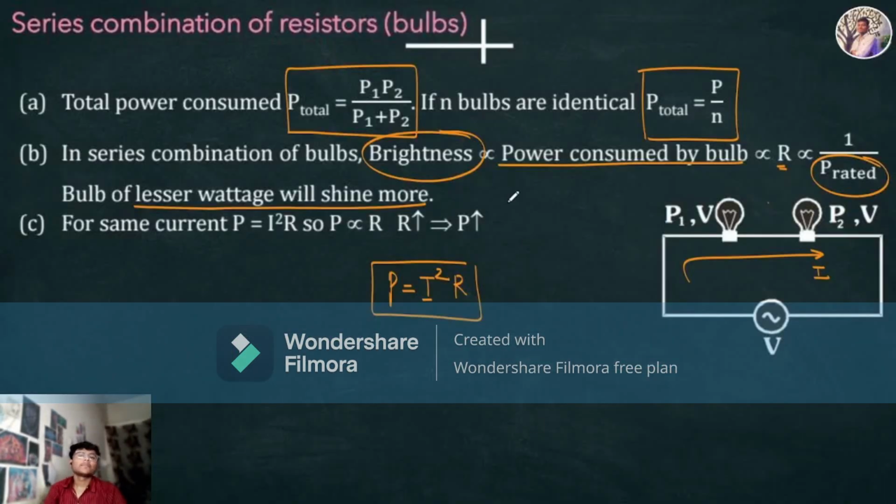Let's see the series and parallel combinations of resistance, like bulbs. Total power in series will be 1 upon Pt is equal to 1 upon P1 plus 1 upon P2. If there is a bulb rated P, in the series combination the brightness depends on the power, power depends on R, and R depends on 1 upon P rated, which is written there. So the bulb with lesser wattage will glow more, for the same current.